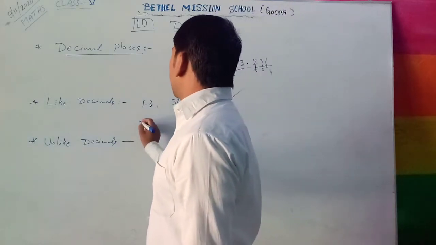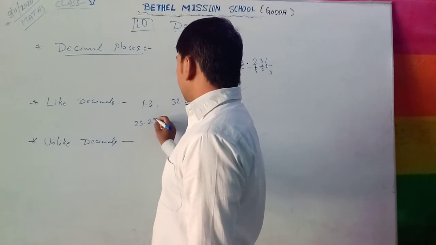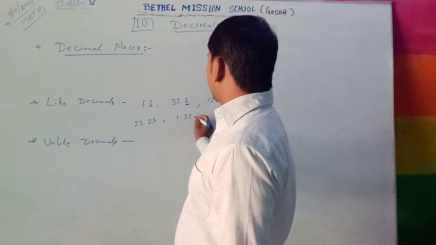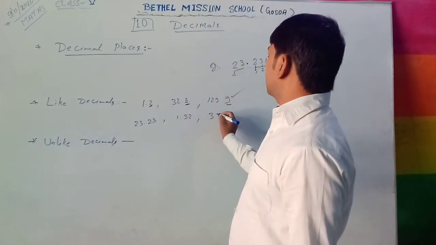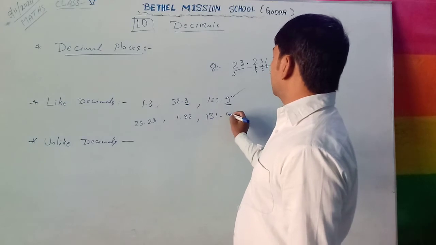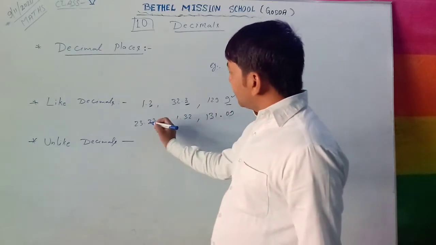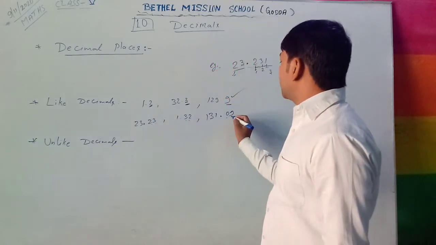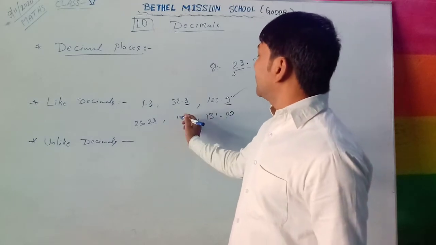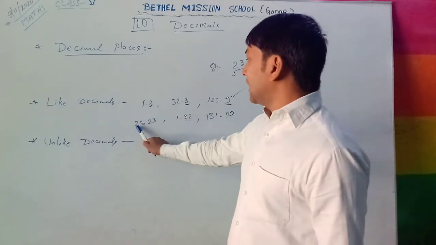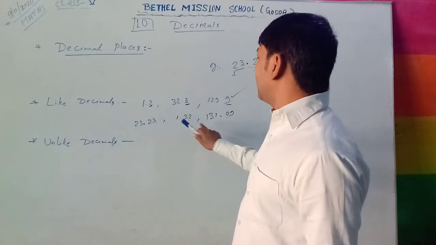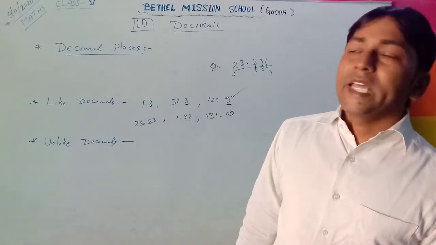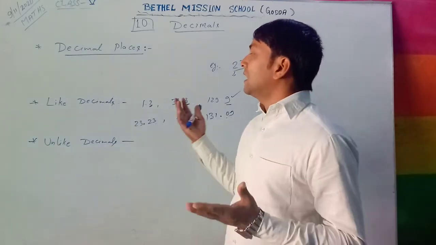Another example: here the decimal places are 1, 2, 2. Before the decimal, the whole number, you don't need to look at that. That can vary, but the decimal places after the decimal should be equal. Then these numbers are said to be like decimals.